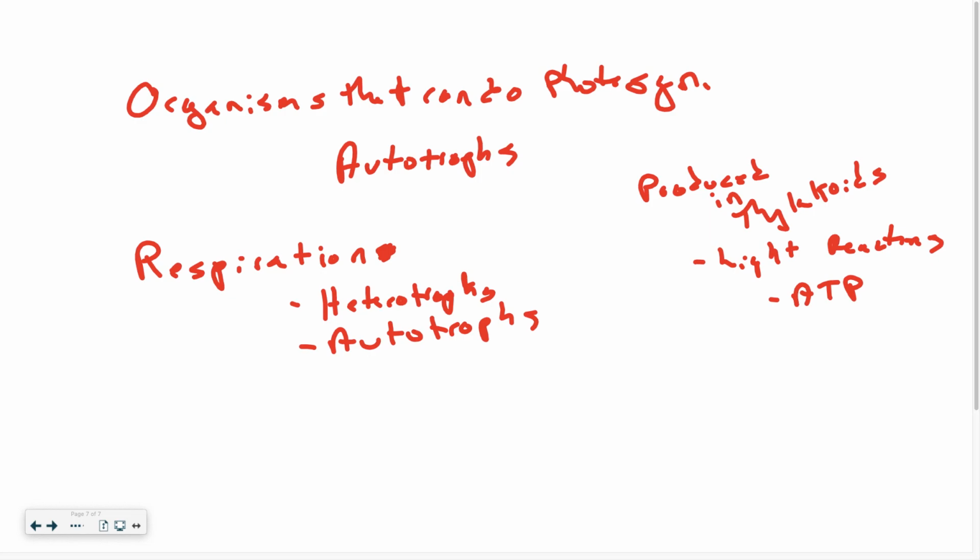Not entirely true, but conceptually that will work. What else do we get besides ATP? Oxygen. That's where we get our oxygen.